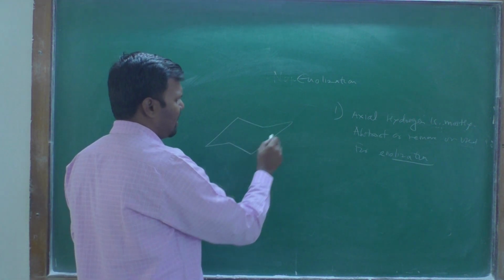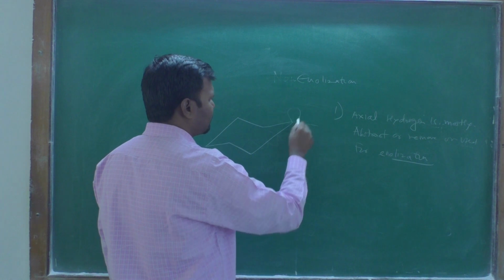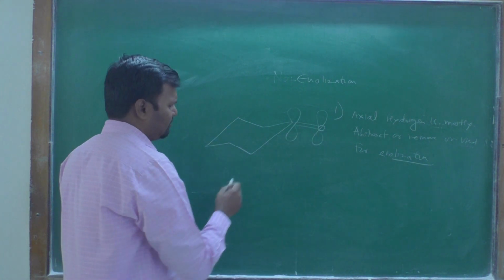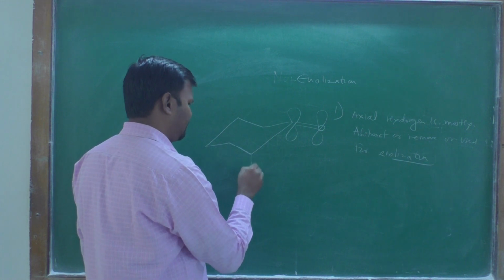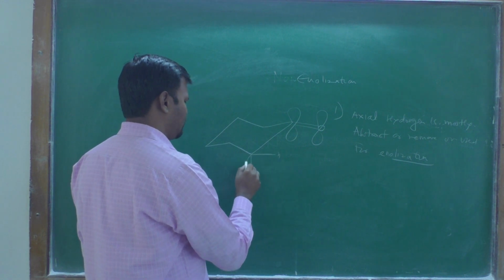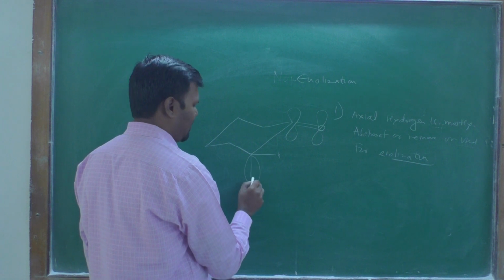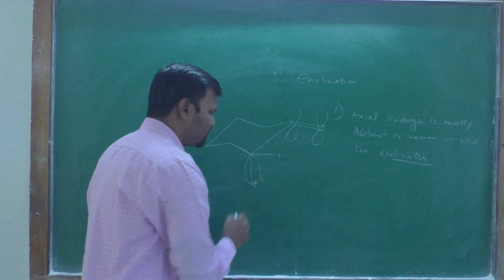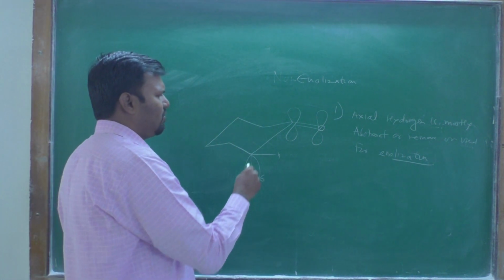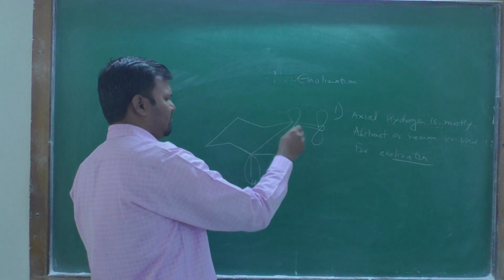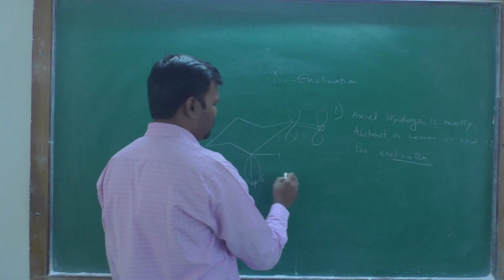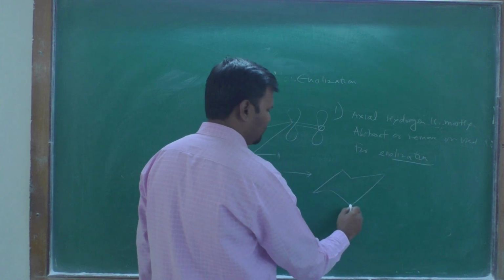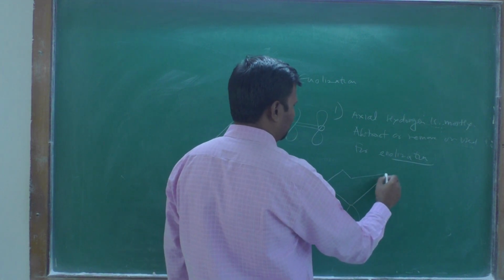First thing, why does this happen? We have the pi bond of the carbonyl group, and at the axial position, the axial hydrogen also has a sigma bond. If it loses the hydrogen, it gives a lone pair.